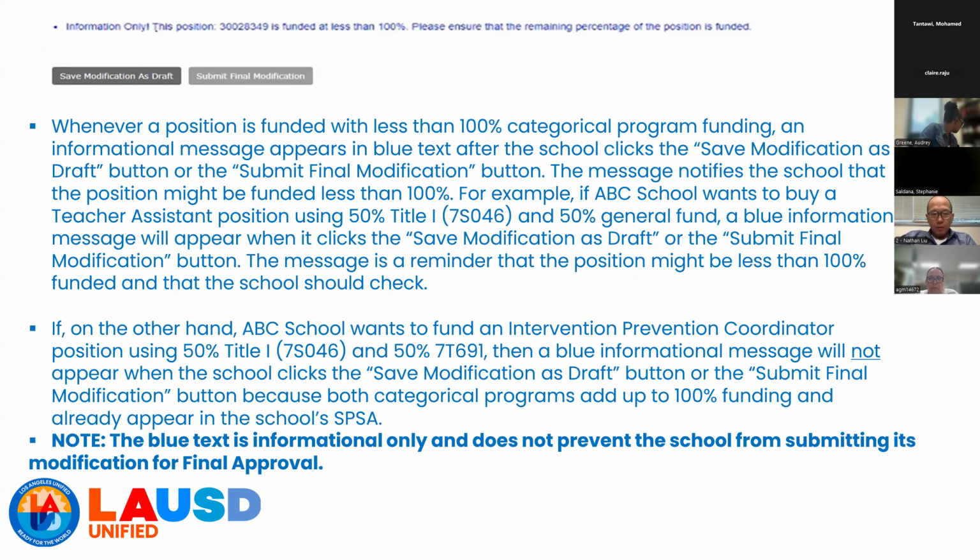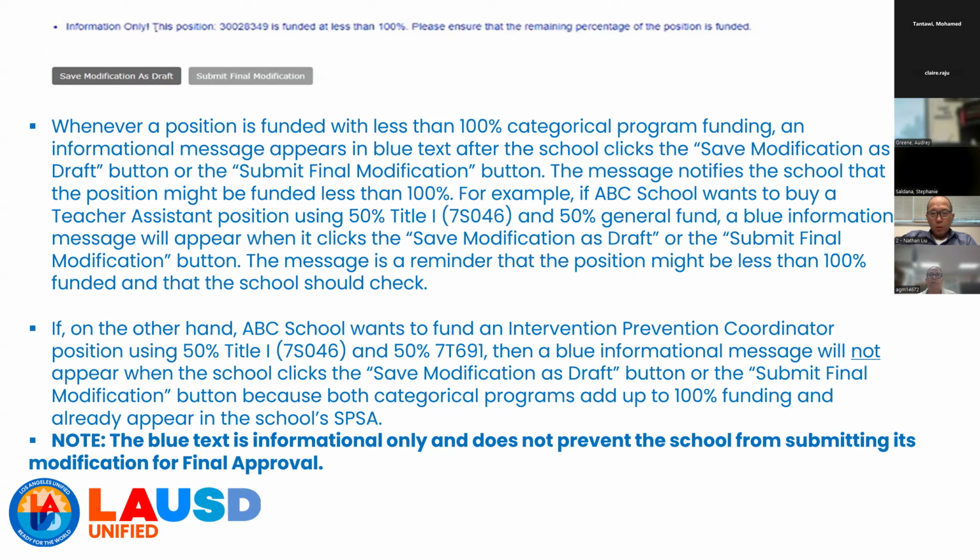Now, whenever a position is funded with less than 100% of a categorical program fund, you'll see a blue informational text. And simply, it happens when you either save your modification as a draft or you actually submit your final modification. That message notifies you that the position might be funded with less than 100% of a categorical fund.